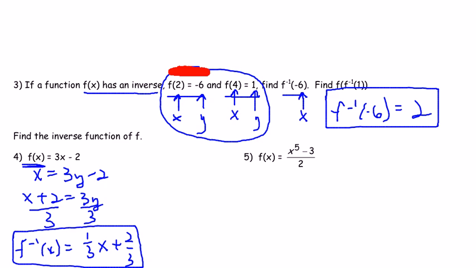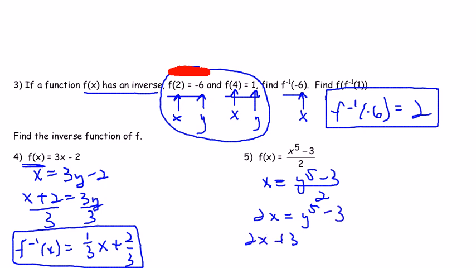Great. Alright, our next one, number 5, we're going to do the same technique. We're going to switch the x and the y. So x equals y to the 5th minus 3 over 2. We multiply both sides by 2, add the 3 over, and then raise each side to the 1/5 power.